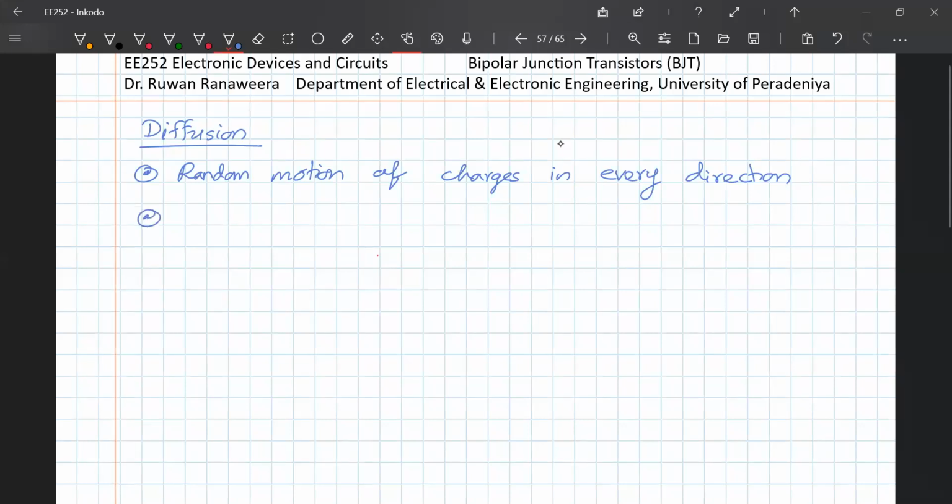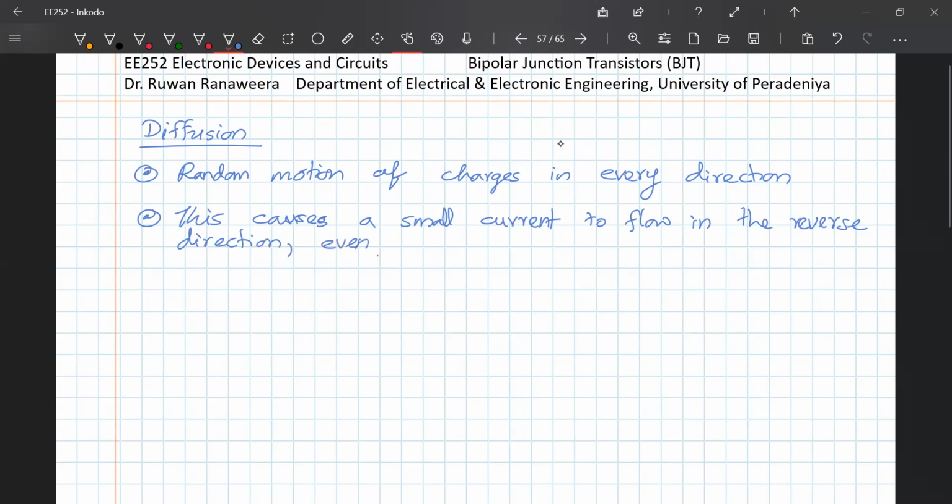So this random motion causes a small current to flow in the reverse direction, and in any other direction also, even when there is an external voltage applied.